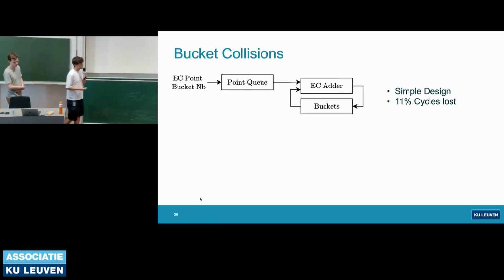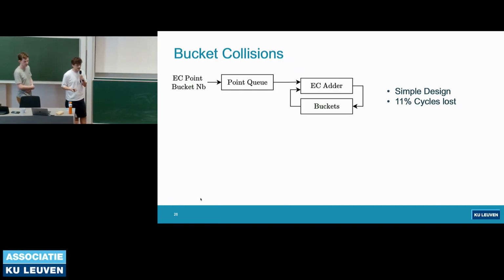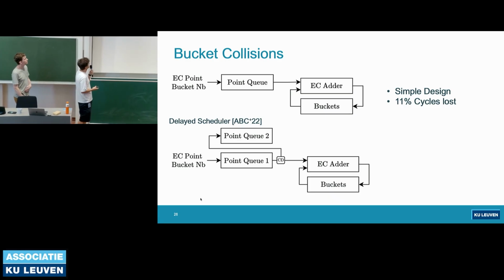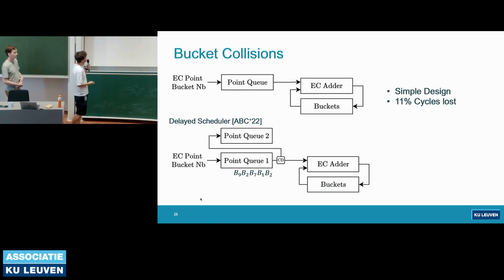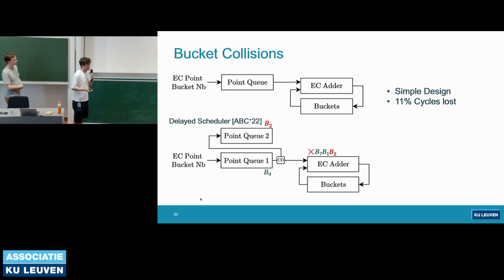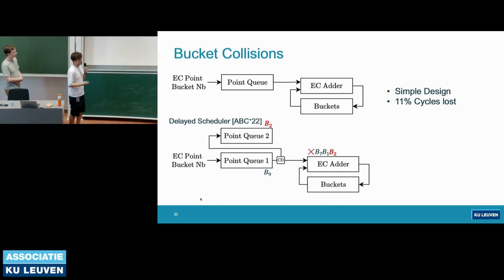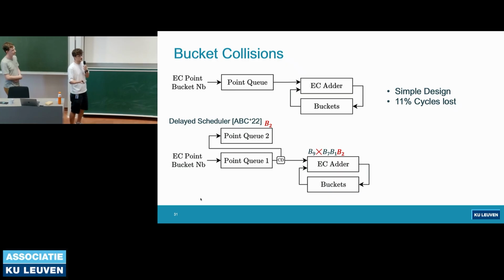That is why in literature there exist other types of schedulers. For example, a scheduler from Cyclone MSM, which is called the delayed scheduler. It uses 2 different kinds of queues and a collision detector. Whenever a collision is detected, it will put that colliding point in a second queue. Then it can still fetch from the first queue and go further, so you only lose one cycle.